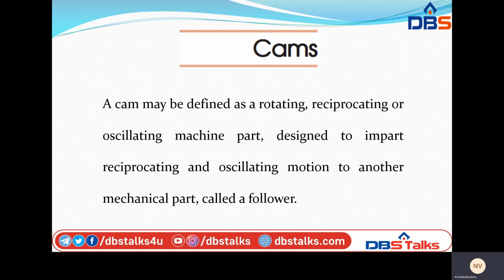The cam and follower have a line contact. Whenever there is a line contact, as we already discussed in kinematics, it is called a higher pair. So the cam and the follower create which pair? Higher pair.